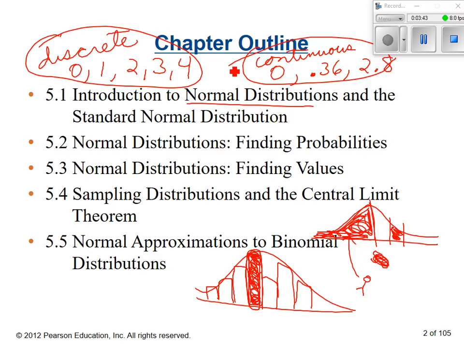So what we have to do is just look at that area, and that area will be our probability. So if this little area right here is 0.13 of the entire area, then that means there's a 13% chance that Grant's score falls in that area. That's what we're going to do.